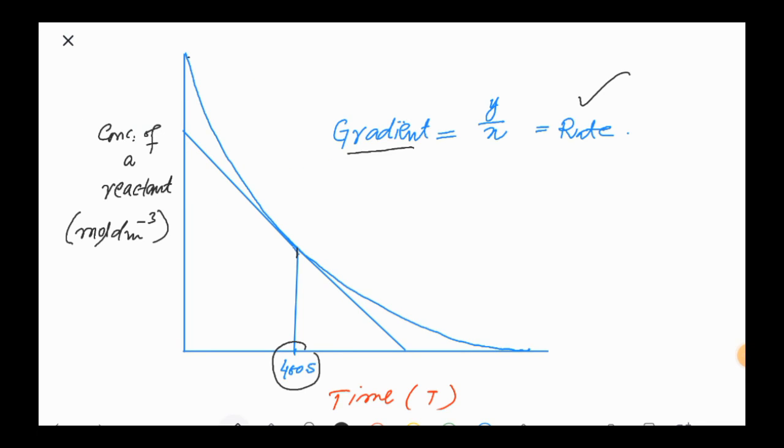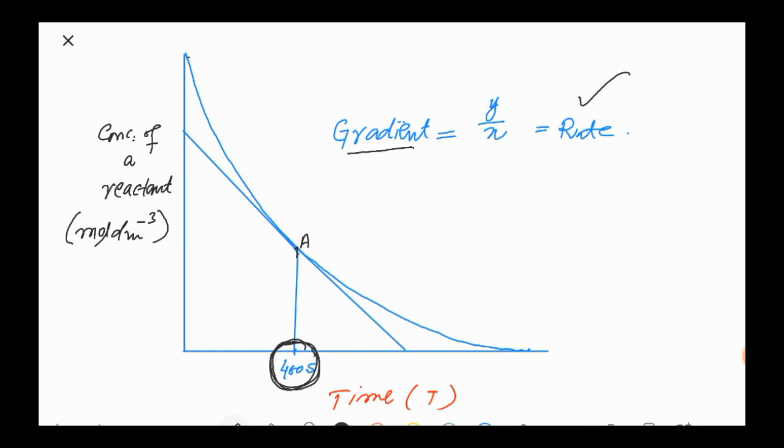Now let us calculate the rate of a chemical reaction from concentration of a reactant versus time graph. For example, we want to calculate the rate of a reaction at 400 seconds. So just with the help of a scale, you draw a line which just touches this curve at point A, for example.